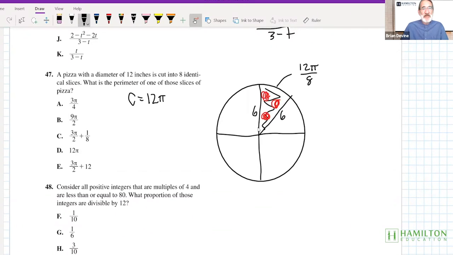So if I look at it that way, I'm going to have 6 plus 6 plus 3 pi over 2. So 12 plus 3 pi over 2 is E.